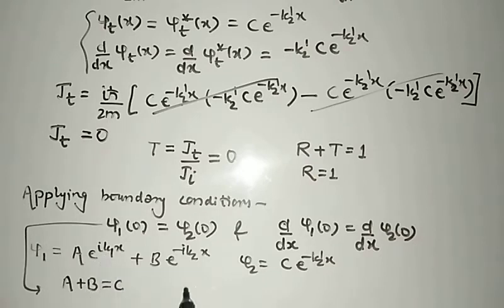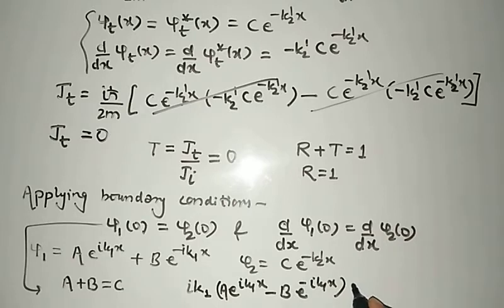ik1 will be common, and e^(ik1x) A minus B e^(-ik1x). Differentiating, this is equal to -k2' C e^(-k2' x), and we have to put x equal to 0 also.